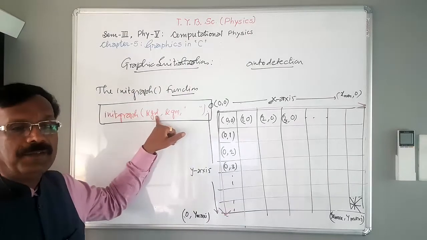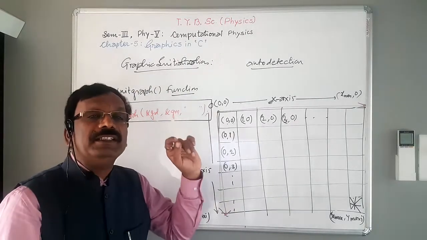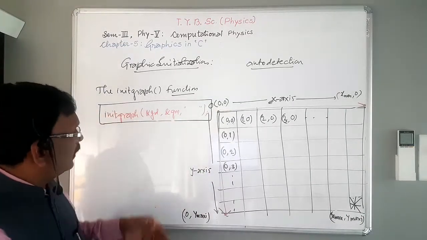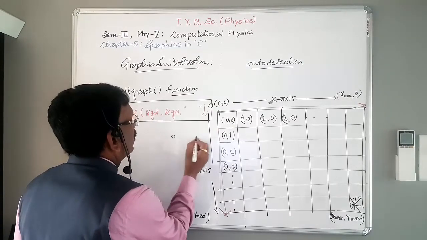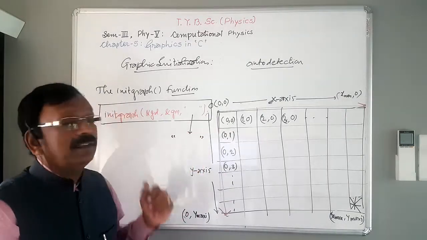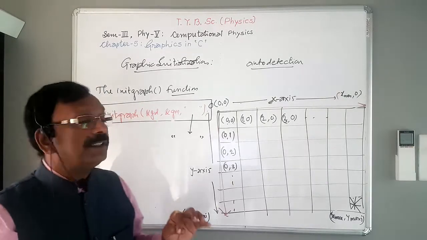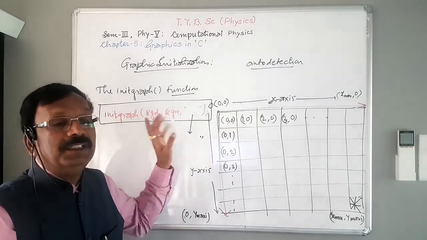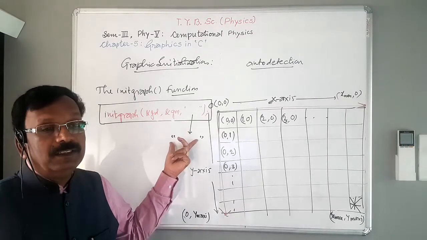Then GM means graphic mode, this is also an integer number which will be studied later on in detail, and last, this is the null path. So I told you that the initgraph function consists of 3 arguments. First is GD, graphic driver, then GM, graphic mode, and the last one.